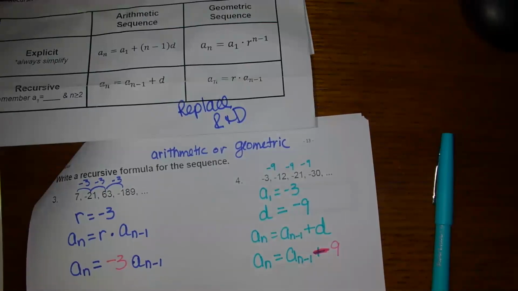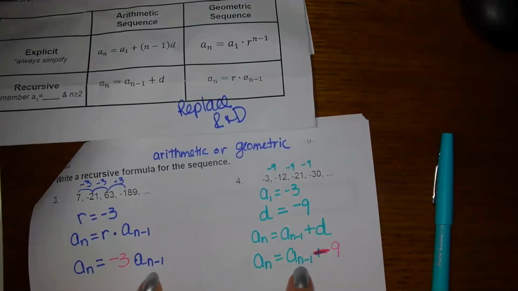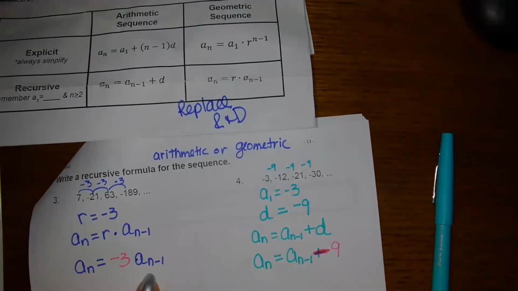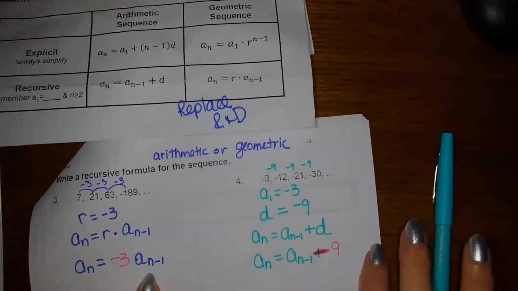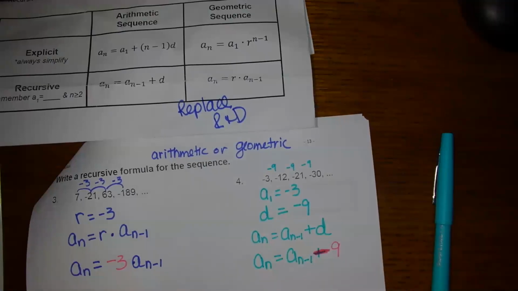That's going to be a minus because it's -9. We leave this here because this tells us if I wanted to write all these out, I would take the answer before and subtract 9. When I get that answer, I plug it in and subtract 9.